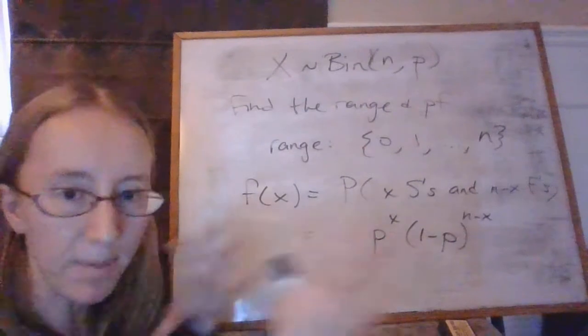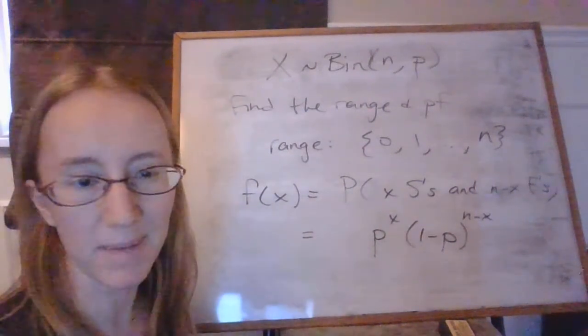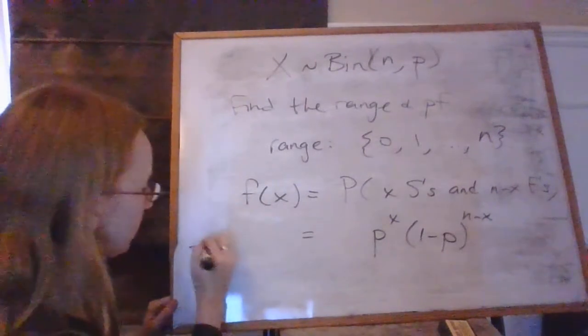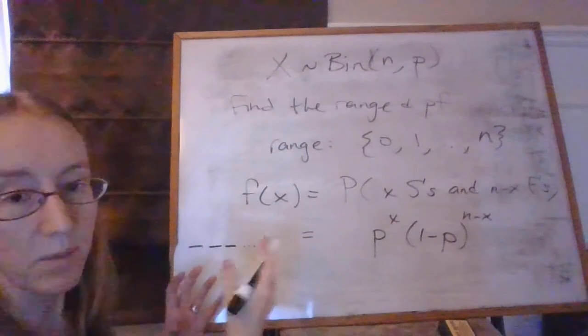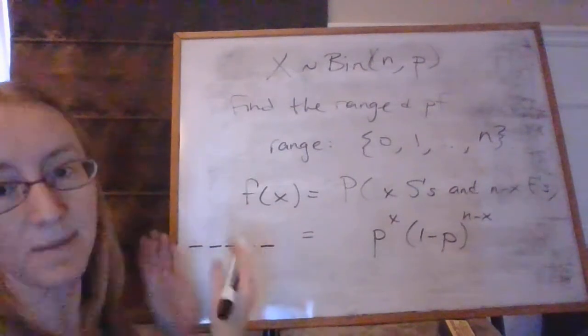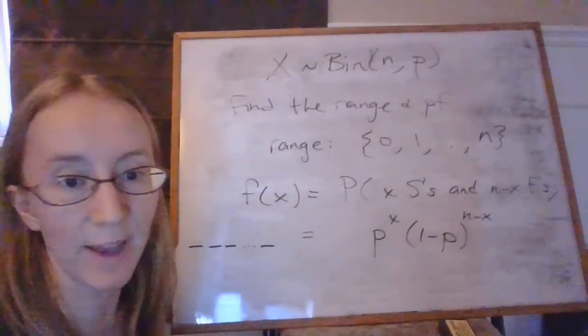When you think about the number of ways to do that, again, back to a chapter 3 problem. Thinking about if we have n positions, and X of these positions need to be filled with successes, and then automatically the rest of the positions will be filled with failures.